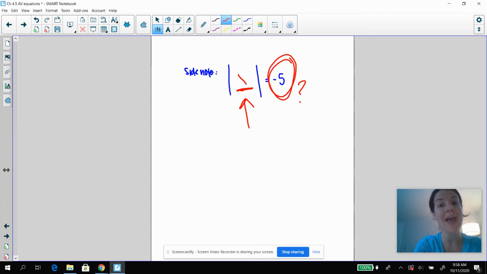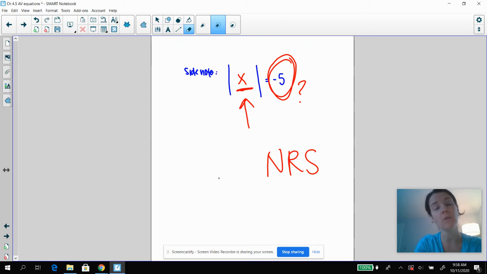So if I had x on the inside here, I don't know what number that is, but I know that x is going to be no real solution. So you can either just write NRS or you can write x equals NRS, even though x doesn't really equal anything. Cool? Whenever you see a negative coming out of the pipes, it's going to be no real solution.